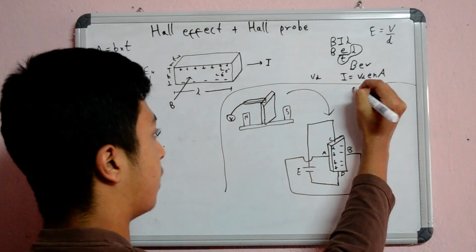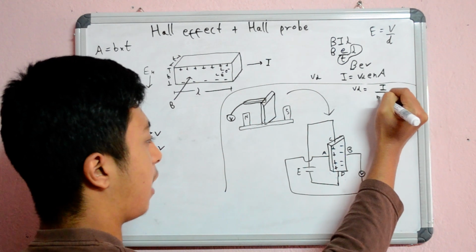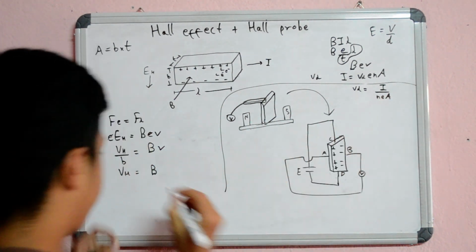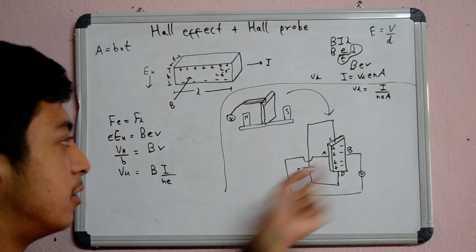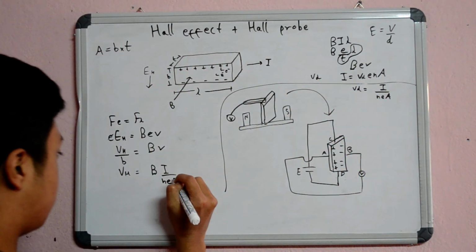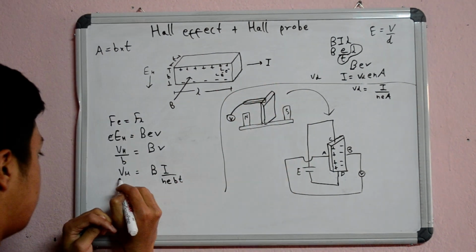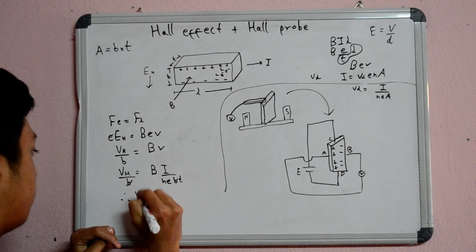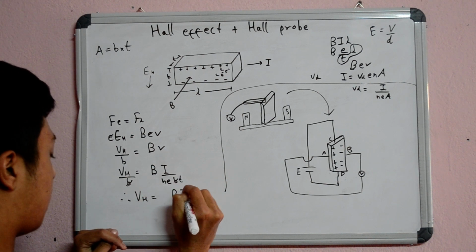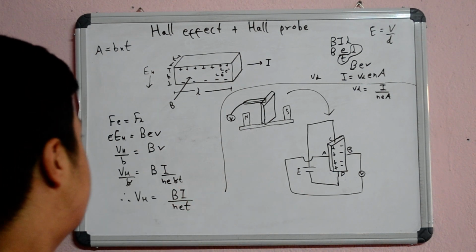So from here we get v_d equals I by nAe, so I by n e, and here the area we can just write as breadth into thickness. The breadth cancels, therefore the voltage is equal to BI by net, or simply BI by net.